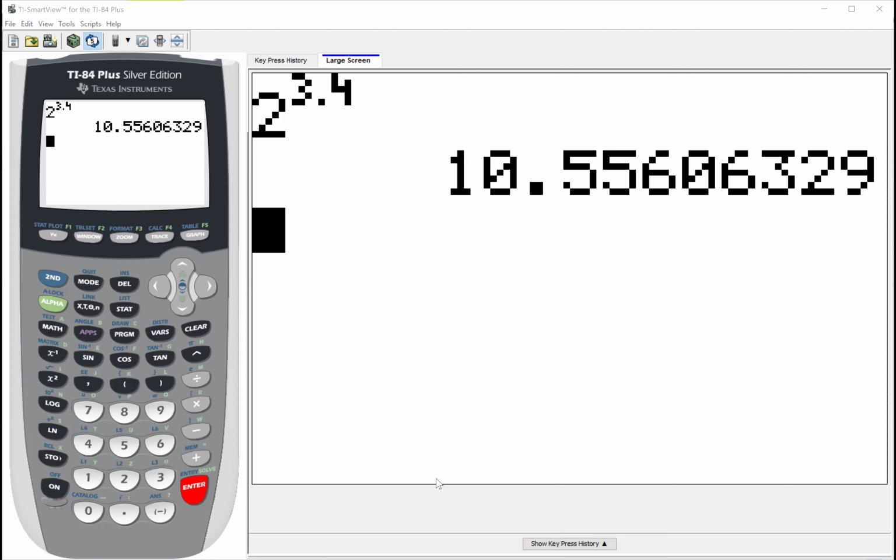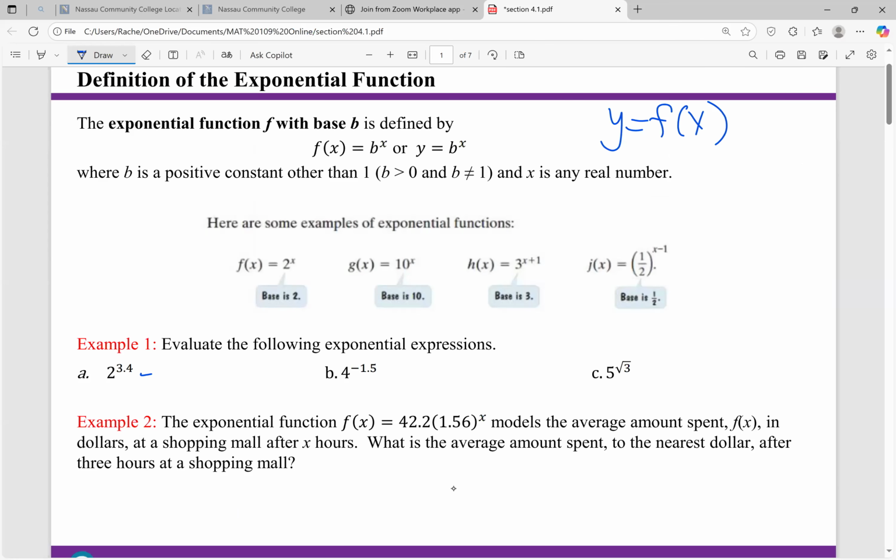So to 2 decimal places, that's about 10.56.